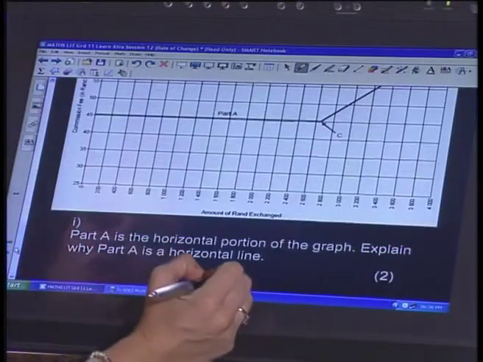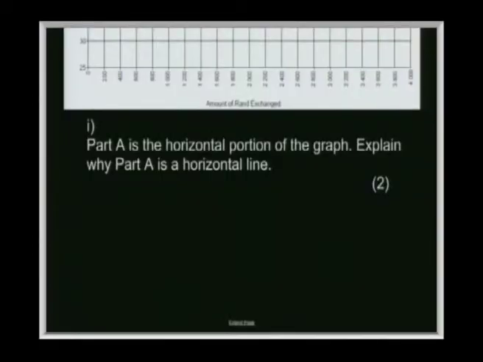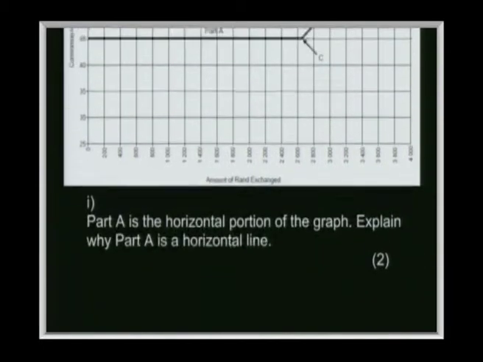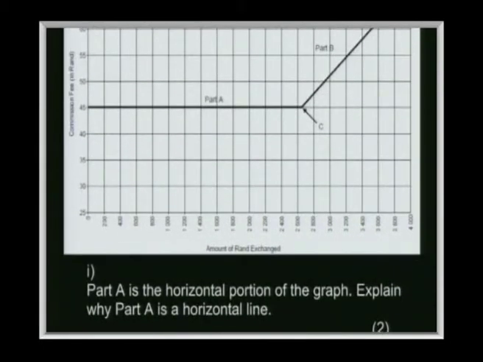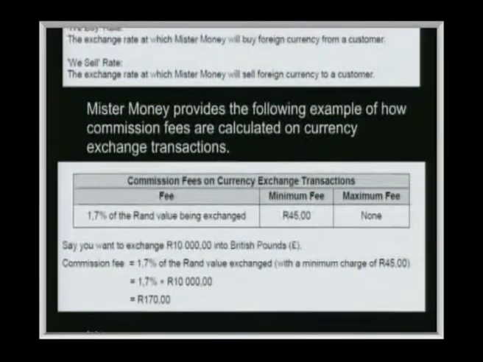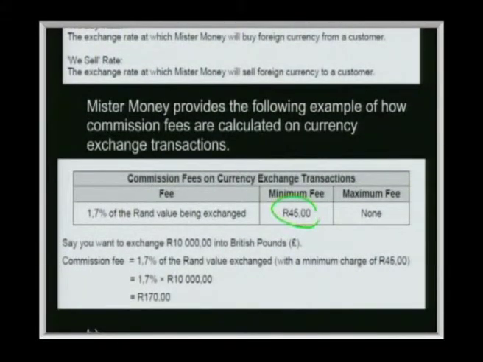Let's see what the question asks. Part A is the horizontal portion of the graph. Explain why part A is the horizontal line. Well, I think it's got something to do with this value over here, and this value over here is 45. Let's go up and see if we can find something to do with 45.